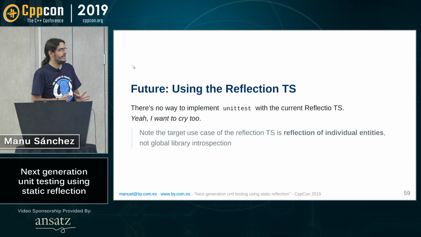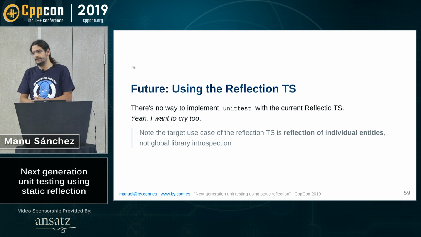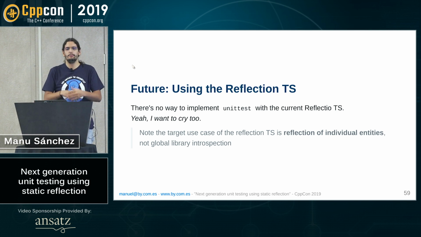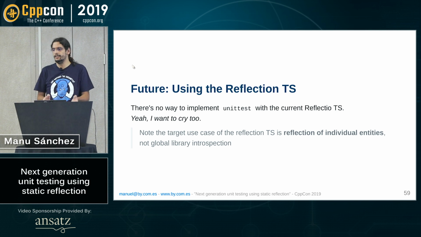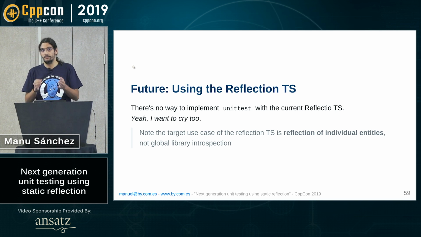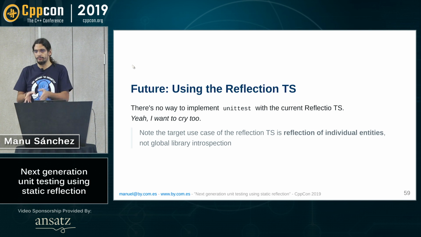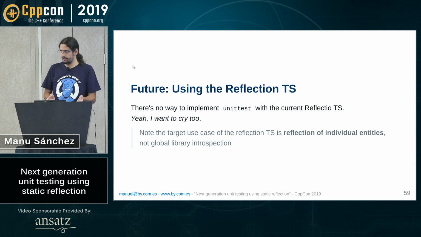You have to consider that the reflection specification's target use case is about reflecting specific entities, like getting all the members of a function, of a class, getting the names of the parameters of a function, for example, or getting the string translation of an enumeration value, for example.